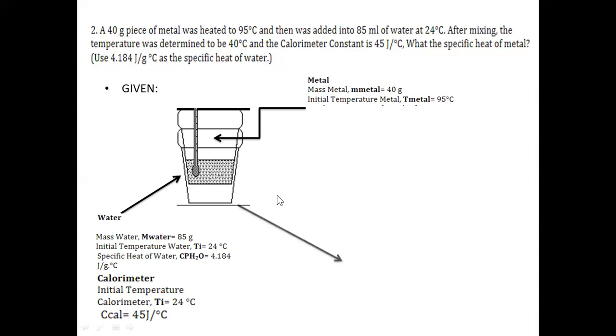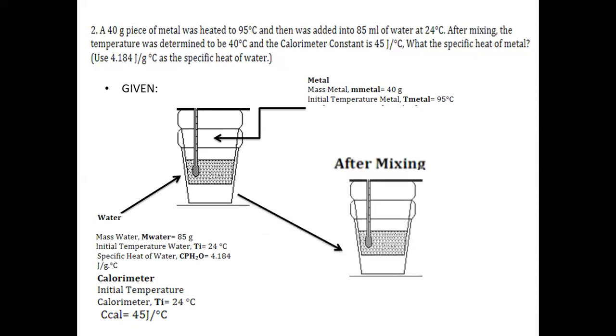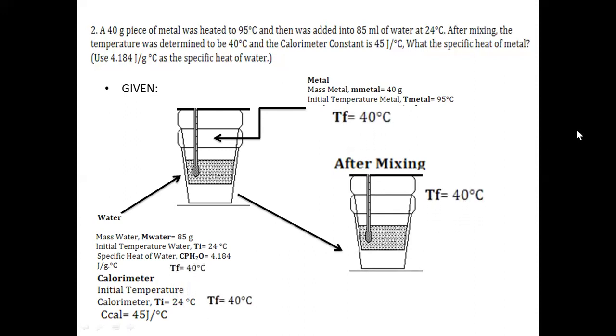After mixing, the whole system had a final temperature of 40 degrees Celsius. Tf, the mixing temperature or final temperature, is 40 degrees Celsius. This is also equal to the final temperature of the metal, the water, and the calorimeter itself, which is again 40 degrees Celsius.